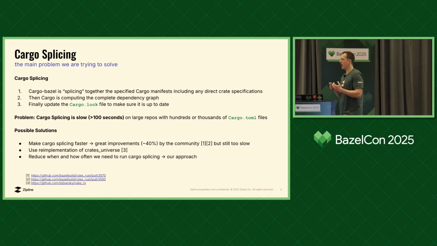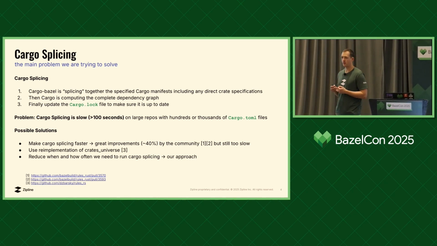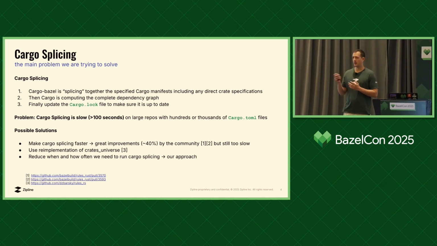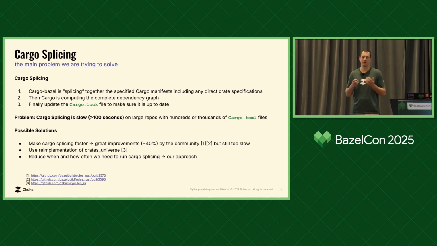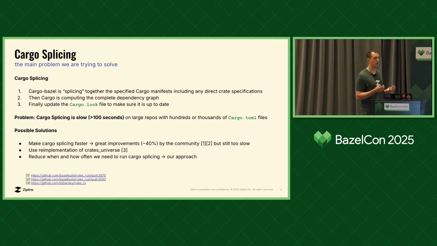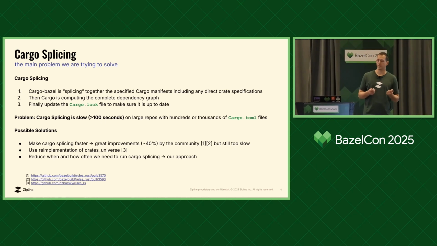If you have a larger Rust code base with a few hundred or even thousands of cargo.toml files, this can easily run 100 seconds and beyond. And you have to run this quite often, because basically every time one of the cargo.toml files changes, you have to rerun cargo splicing. So it's not really a great developer experience.